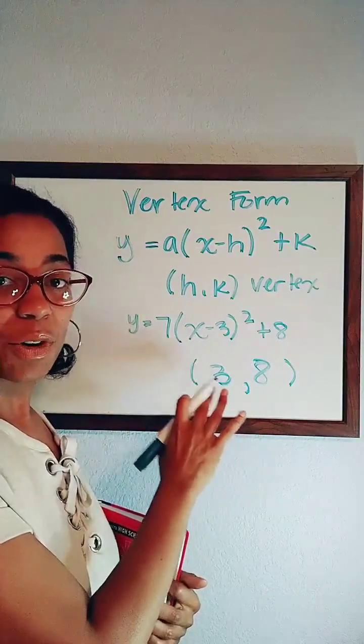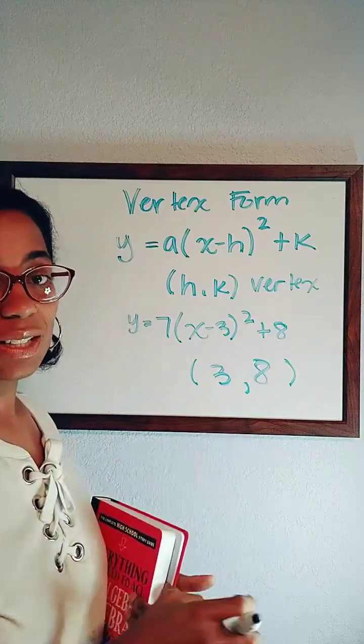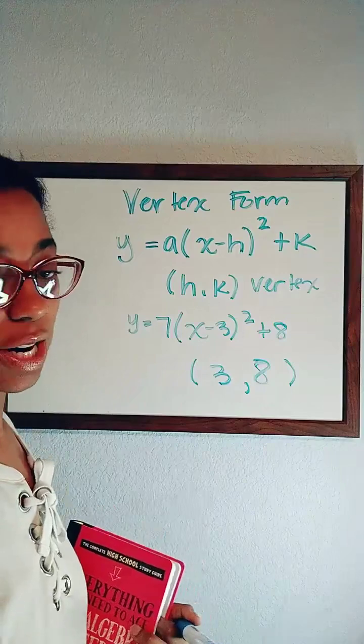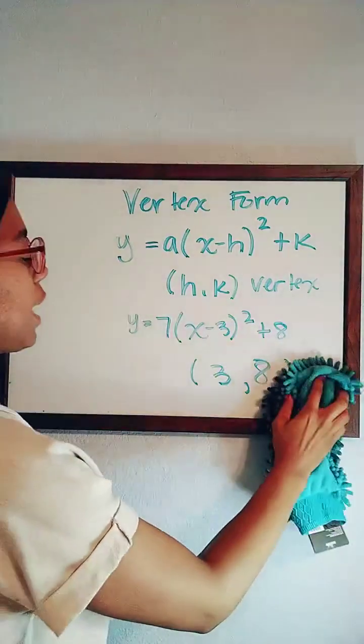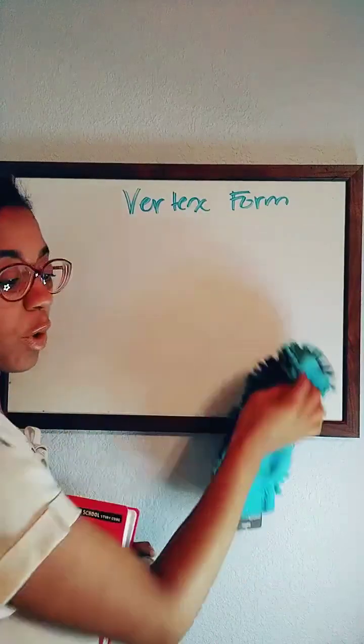Now, if it's not written in this form, you can rearrange it to look like this, but it's going to take some work. Let's say you get a quadratic equation and it's in like the quadratic form.